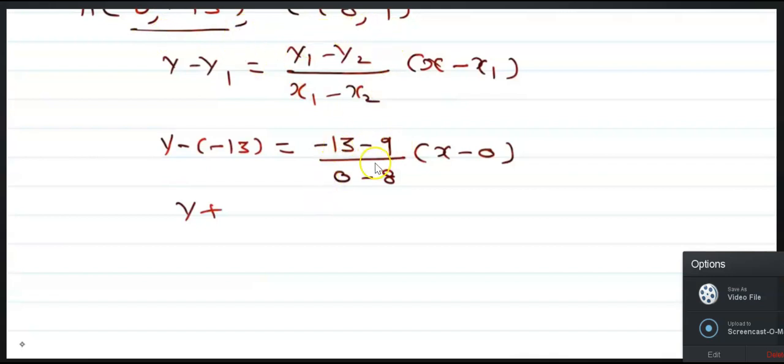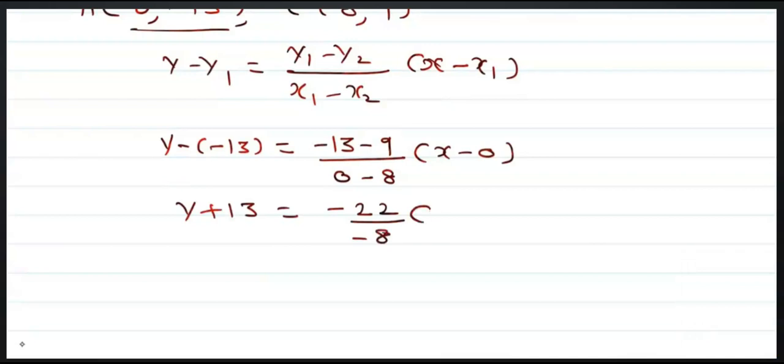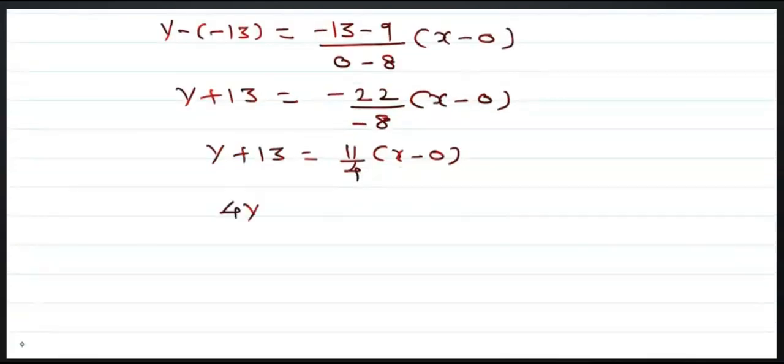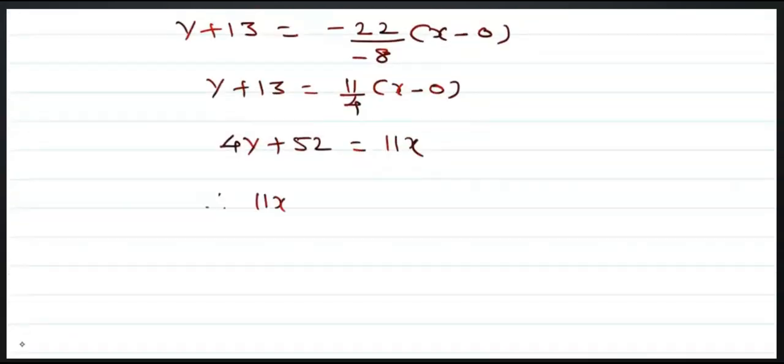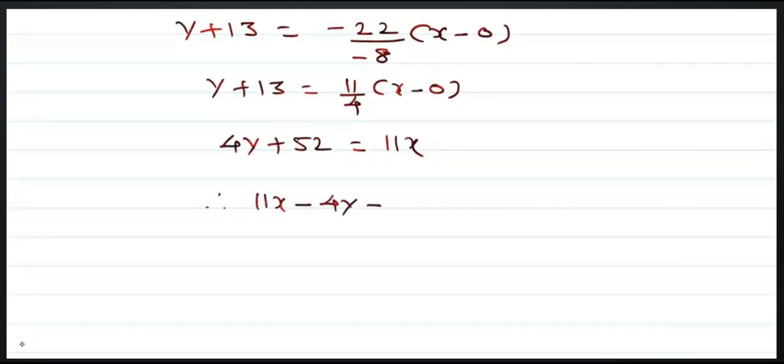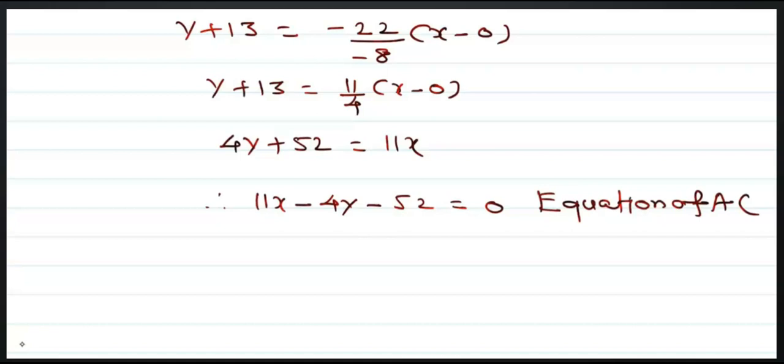That is minus 13 minus 9 upon 0 minus 8 in bracket x minus 0. And therefore you will get y plus 13 is equal to minus 22 upon minus 8 in bracket x minus 0. Therefore y plus 13 is equal to 11 upon 4 in bracket x minus 0. And that's why 4y plus 52 is equal to 11x. 11x minus 4y minus 52 is equal to 0. This is the equation of AC.